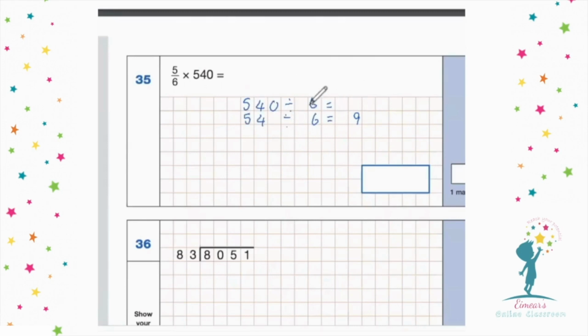Therefore, 540 divided by 6 equals 90. So we're going to use our times tables knowledge. So we know that first part, 540 divided by 6 is 90, but we're looking for 5 lots of 90. So we need to multiply the 5 by 90. And again, our times tables helps us. 5 9s are 45. So therefore, 5 times 90 is 450. So our answer is 450.